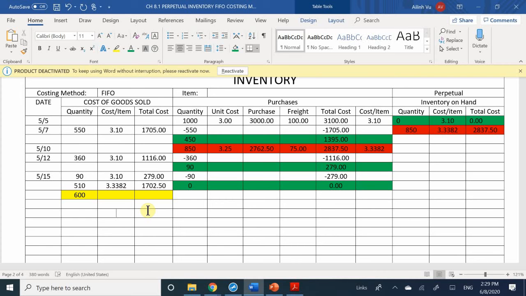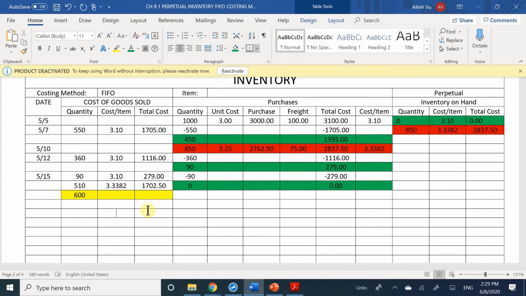Okay, so what I did was I took the 2,837.50, right? That's the original cost for it. I went ahead and divided that by 850 to get that huge mumbo jumbo. So I got 3.33823529, right? I get that big huge mumbo jumbo.